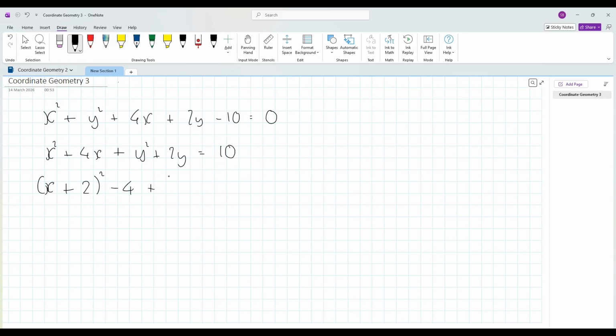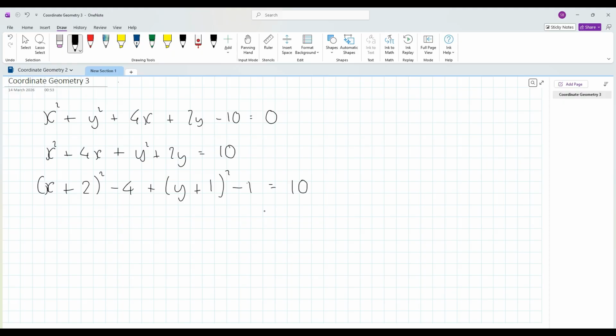Now for the y terms, again the same thing, y plus 1, because we are halving this term here, squared, and subtracting the square of 1, which is simply 1, and this equals 10. Now combining like terms, we have a minus 4 here and a minus 1 there. Minus 4 minus 1 is minus 5.